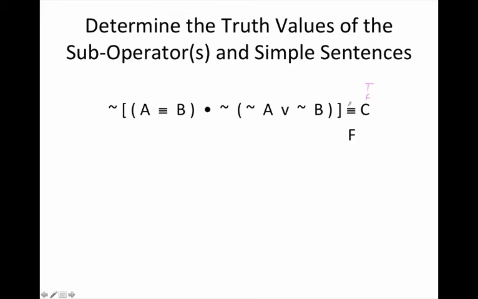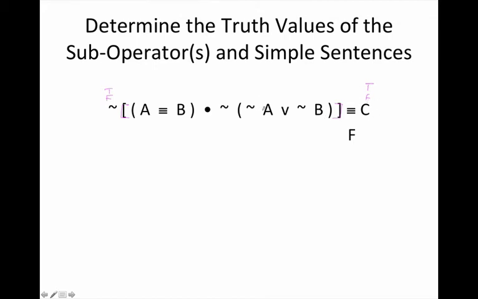We also know that this entire sentence in brackets is either going to be true or false, right? So if the tilde is false, then the sentence C has to be true. If the tilde is true, then the sentence C has to be false.